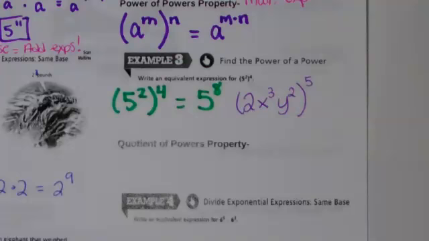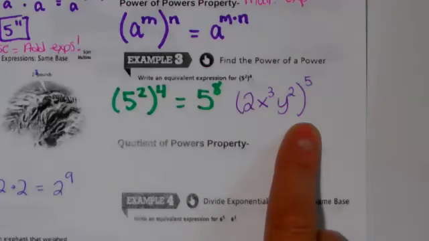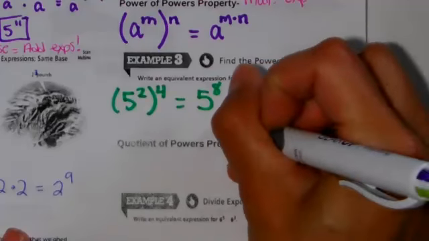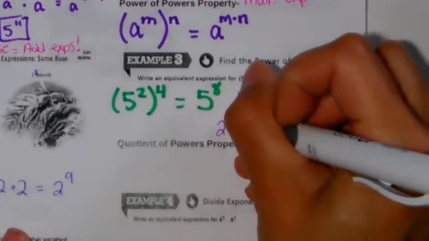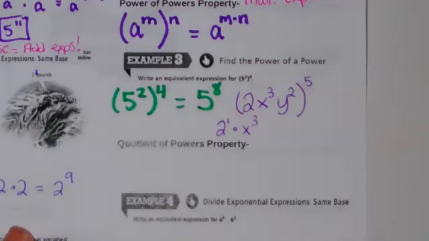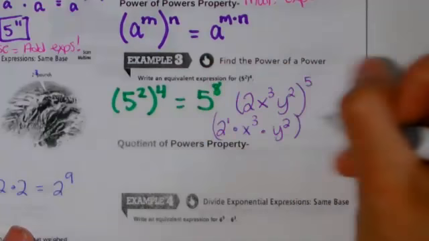Now, what this means, remember, is that you have 3 different terms here, actually, right? And so you really have, if you separate this, you have 2, and that's to the 1 power, times x to the 3rd power, times y to the 2nd power. And that's all to the 5th.